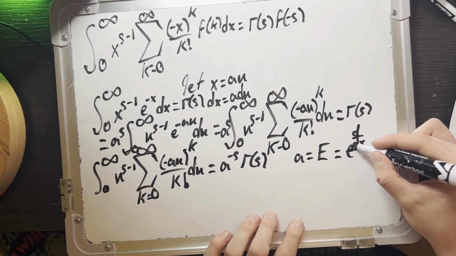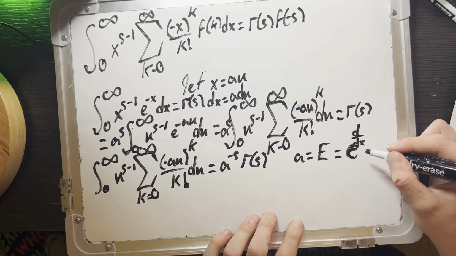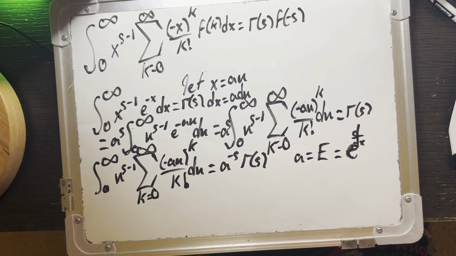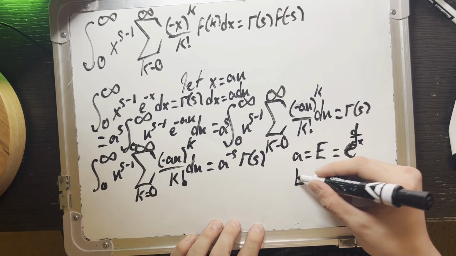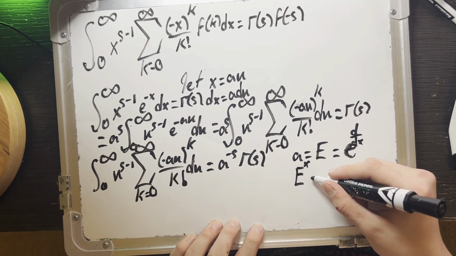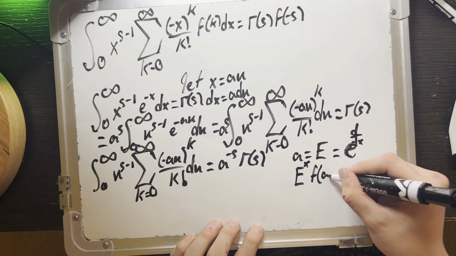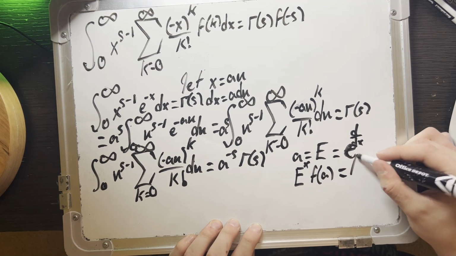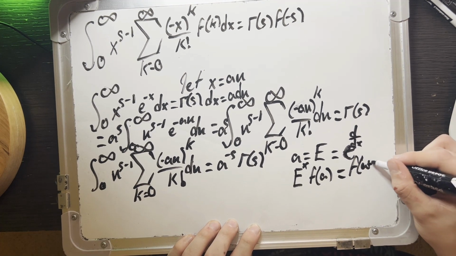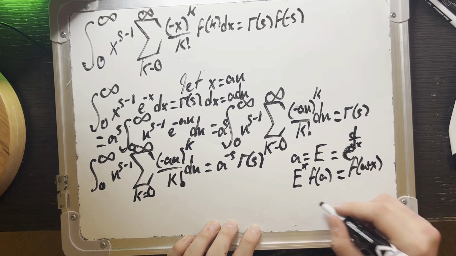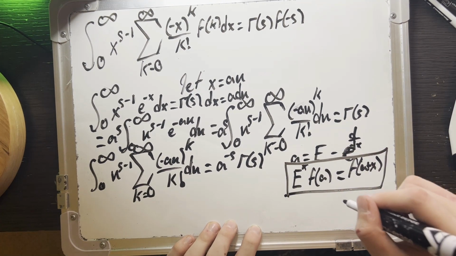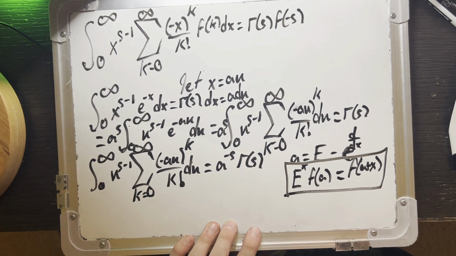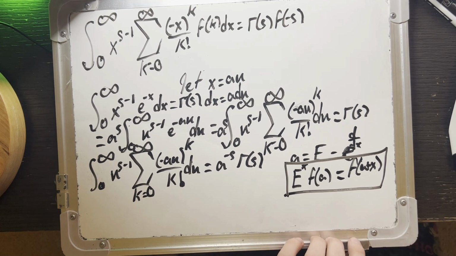And this is a very intriguing, beguiling topic, to me at least. But the main property of this big E operator is that e to the x times f of a equals f of a plus x. This is the fundamental theorem of big E.